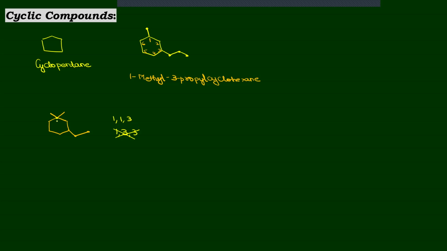So the numbering would be done from the methyl only, and it would be called 3-ethyl followed by 1,1-dimethyl, and the parent will be the same, cyclohexane. That's the naming of the compound. Understood?